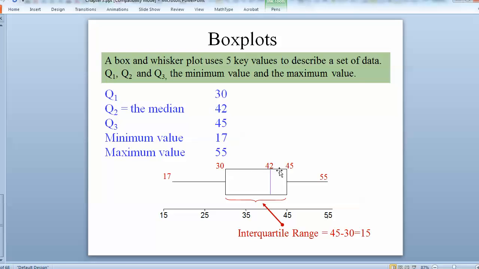So you imagine this distance right here once, and then another half. And if anything falls beyond that, it's considered an outlier to the right. Similarly, that whole distance once, and then another half that distance. If anything falls beyond that to the left, it's going to be considered an outlier on the left side.